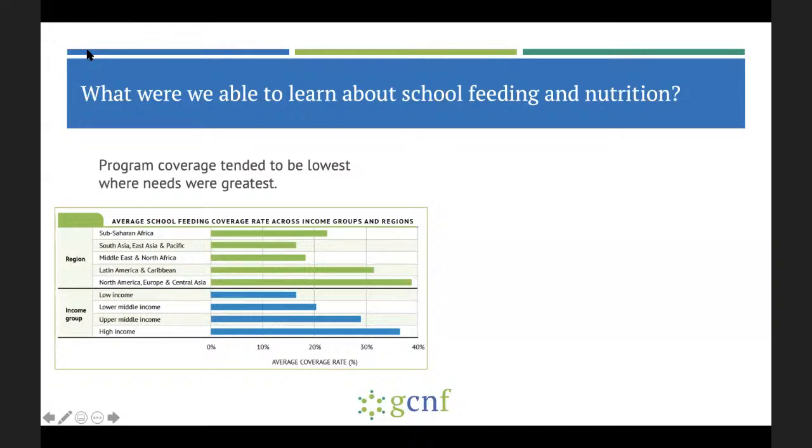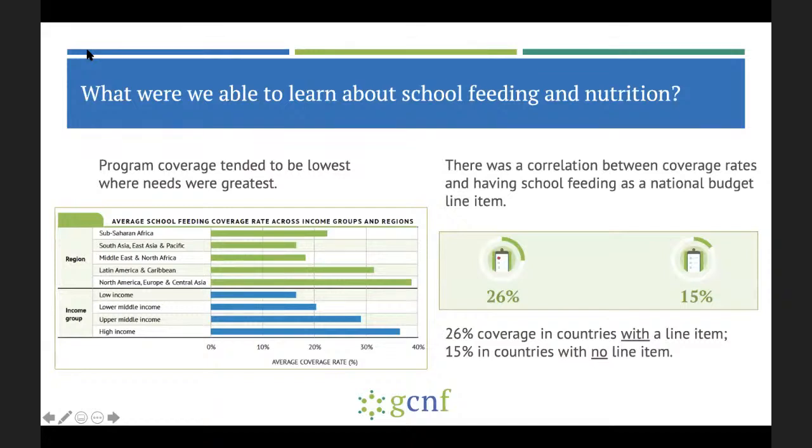And this correlation is even stronger among the children of secondary school age. We also noted a correlation between coverage rates and having school feeding as a national budget line item. So countries that have school feeding as a line item in their national budget are likely to have higher school feeding coverage rates among their children.